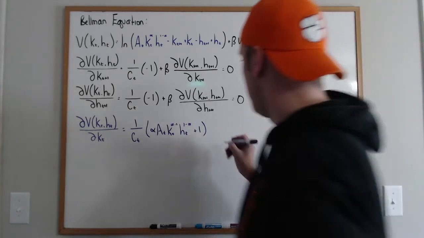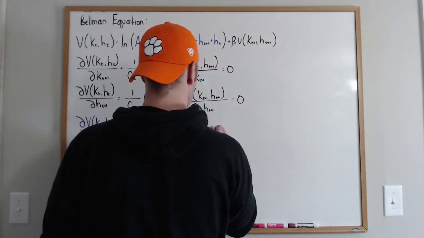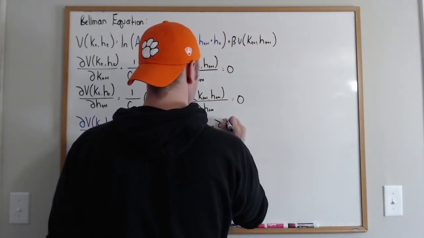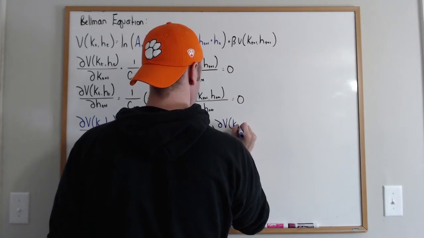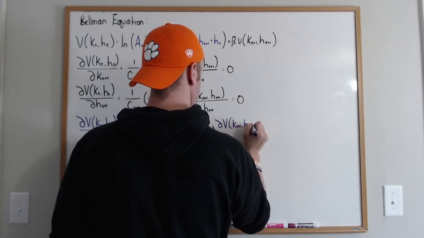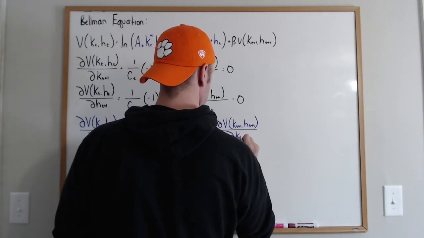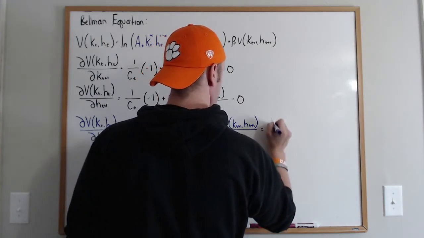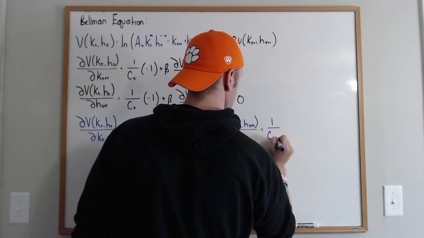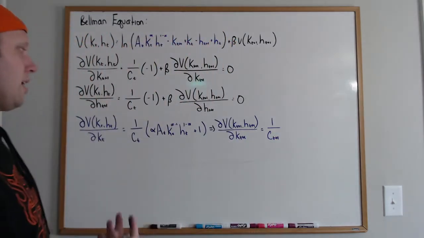Now when we update this 1 period, you get 1 over c_{t+1}, because all we're doing is just adding 1 to the subscripts.